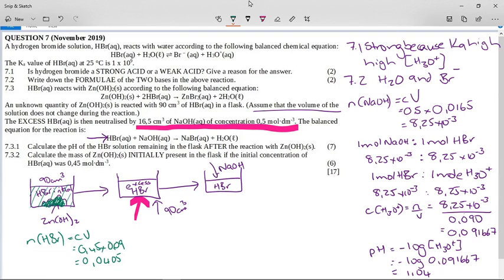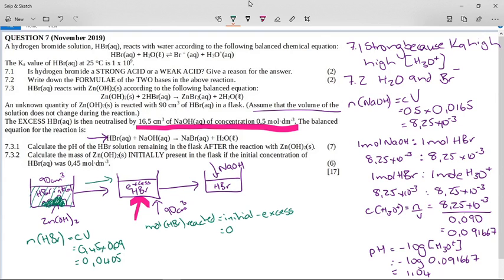But not all of it reacted. Some of it went to form this excess hydrogen bromide. So if you want to find the moles of HBr that reacted, you have to go, what was my initial minus my excess? Because the reacted plus the excess will be how much you had initially. So we want to find out how much reacted.